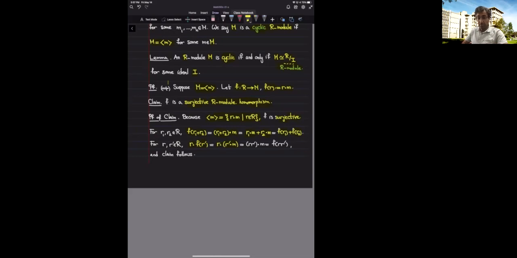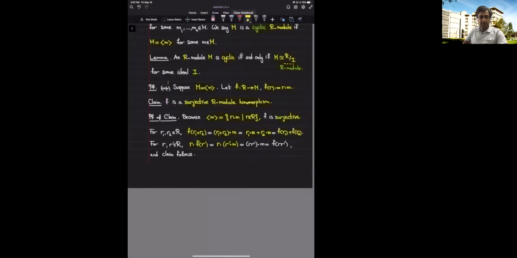We know that the scalar multiplication is compatible with the ring multiplication. So r times (r prime m) is the same as (r r prime) times m. And that means I'm multiplying r r prime by m, which is F of r r prime. So altogether, we end up showing this claim that F is a surjective R module homomorphism.